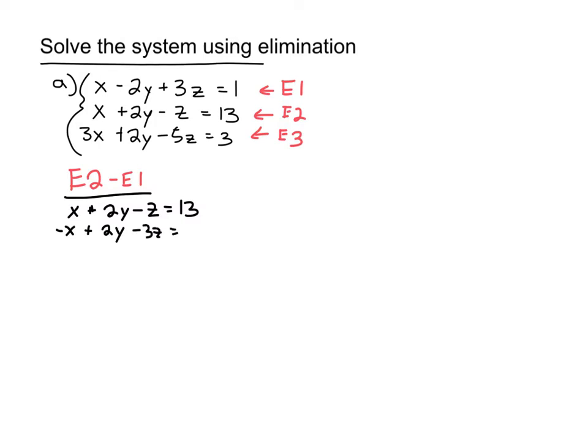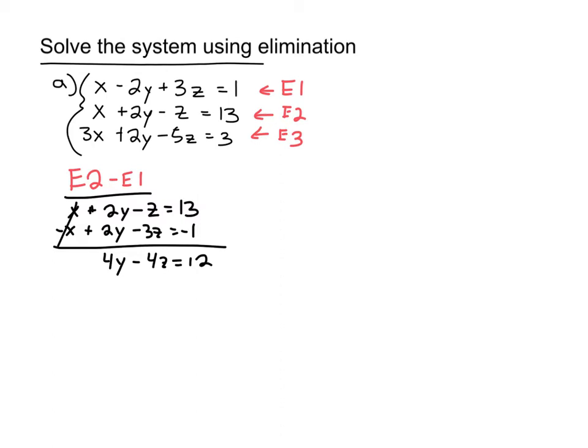Don't forget to do it to both sides of the equation. So that would be -1 instead of +1. So this is E2, and this is -E1. These cancel. That's the goal. That's why I did it. And then we'll have 4y minus 4z equals 12.